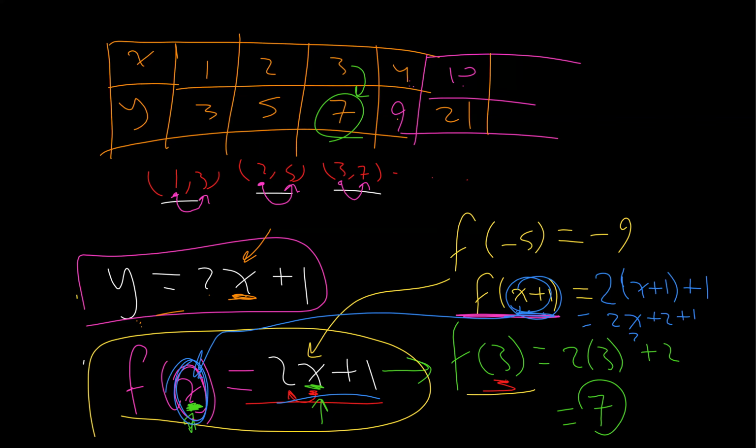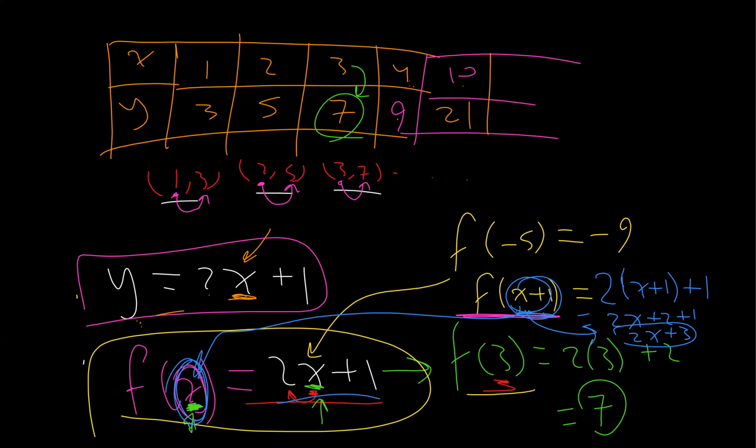So the final answer is 2x plus 3, and this is f of x plus 1. I hope that is clear. We understand now how we do functions and what they represent: they represent the y value when the x value is given and the rule is given as a function. In this case, we find the y value of x that way.